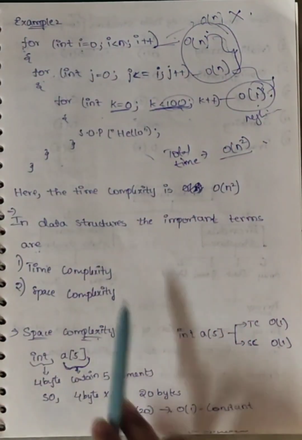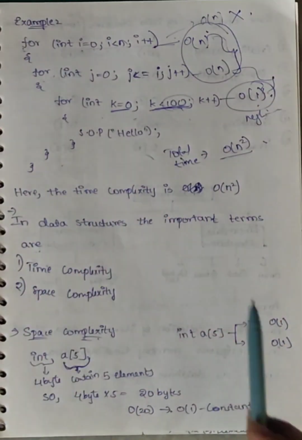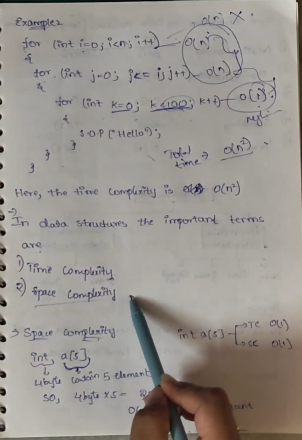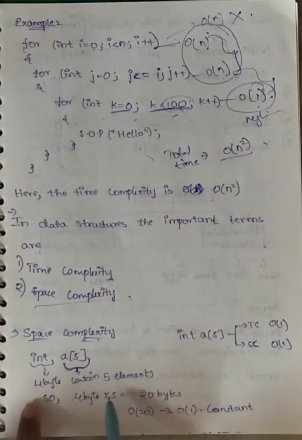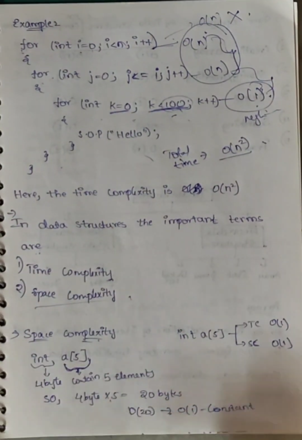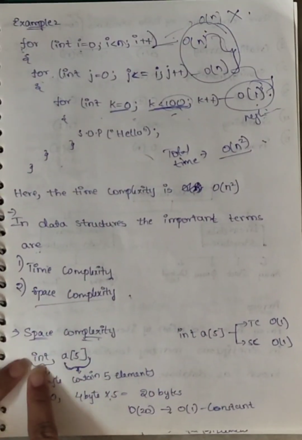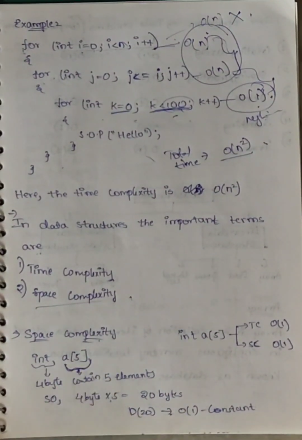I already said that in data structures there are two important terms known as time complexity and space complexity. We have already seen time complexity, so now we'll see space complexity. What is space complexity? We are using int a of 5.